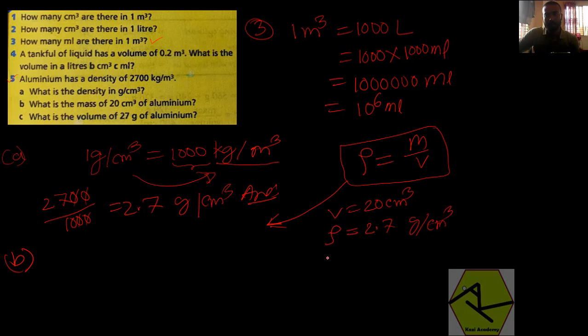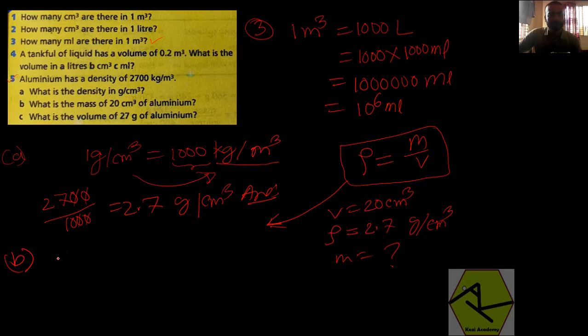In this case, mass is to be found. Volume is in cubic centimeter and rho is also per cubic centimeter, so we don't need further conversion. Just use this formula.